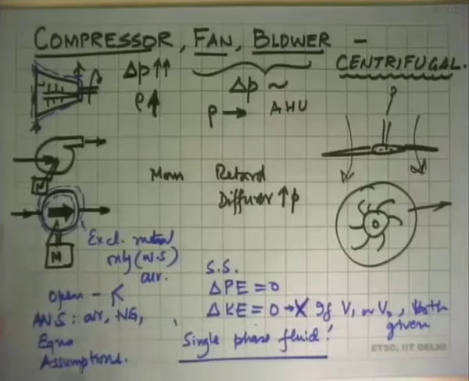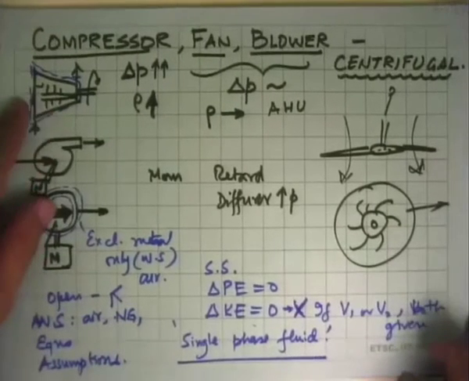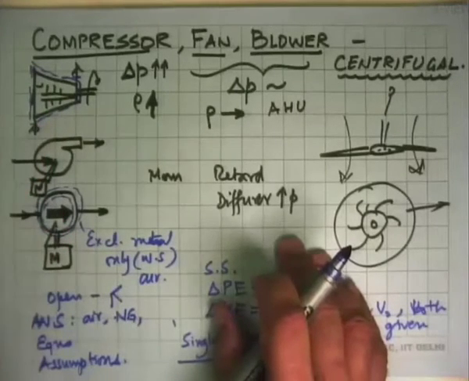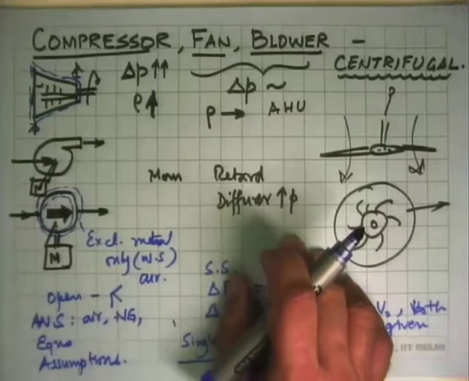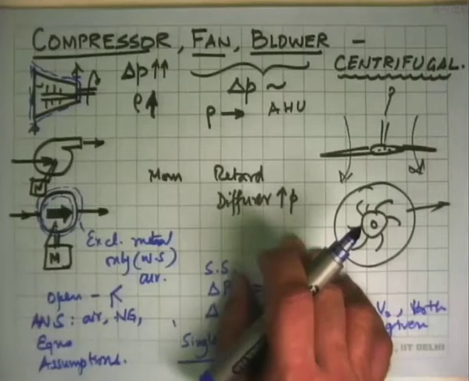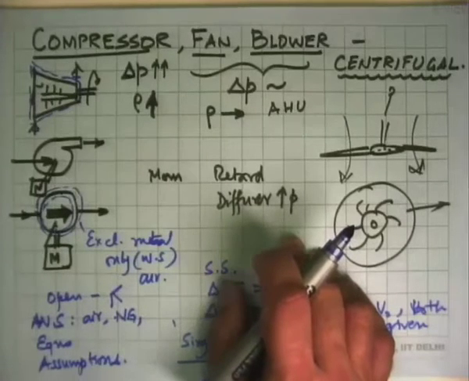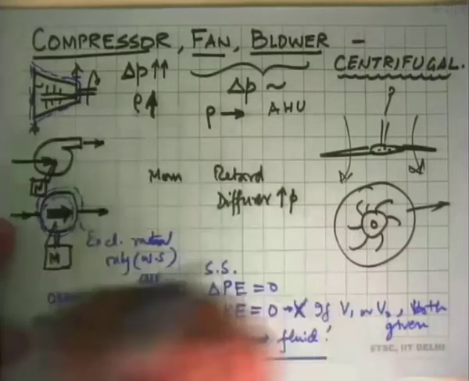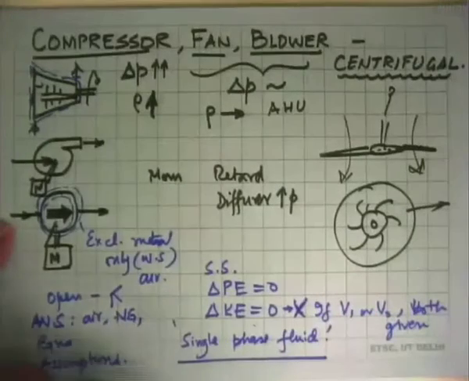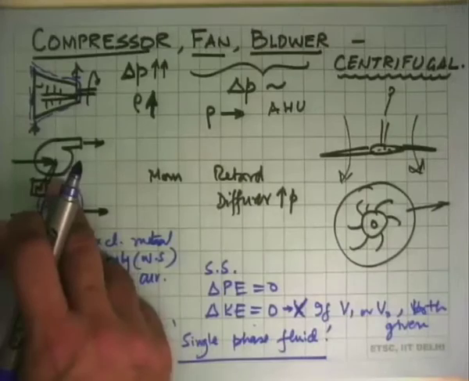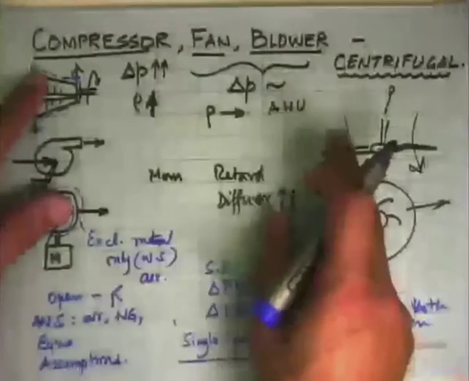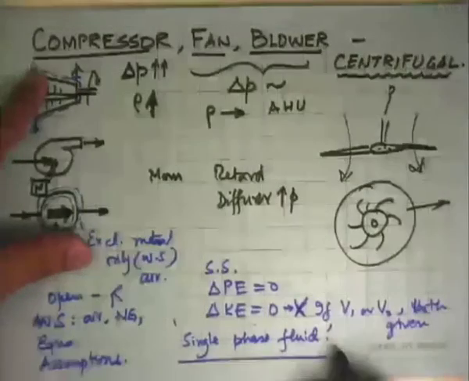The practical engineering of these machines, if you had a wet substance going into this, is extremely difficult, in large part because liquid will accumulate here or there by gravity, or liquid droplets will go and hit the moving parts and break them up. And so we always make it a point that no matter what type of work transfer device it may be, whether it is a positive displacement machine, compressor, fan, or blower, these always handle single phase flow.